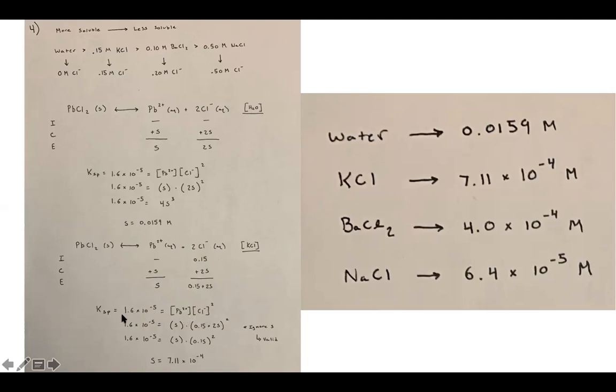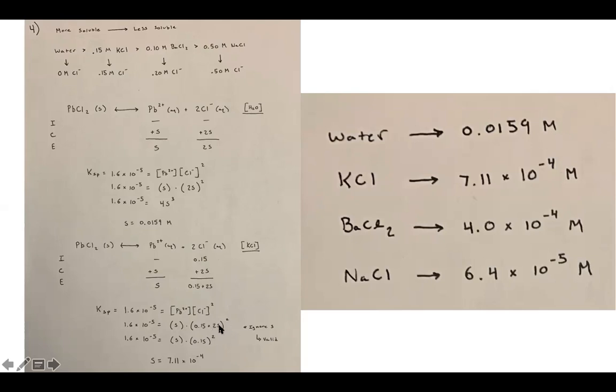The actual Ksp expression is exactly the same. What's different is just the equilibrium amount of chlorine. So I'm going to plug in my equilibrium amounts. My equilibrium amount of lead is S, and my equilibrium amount of chlorine is 0.15 plus 2S. And again, remember that this whole thing is squared.